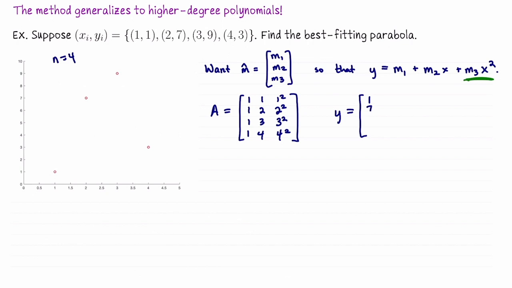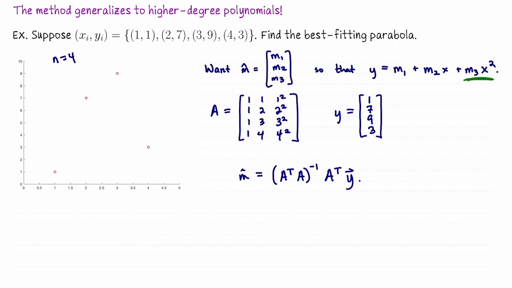So 1, 7, 9, and 3. And then just like before, the coordinates for our parabola of best fit are going to come from doing A transpose A inverse A transpose Y. Same formula as before.